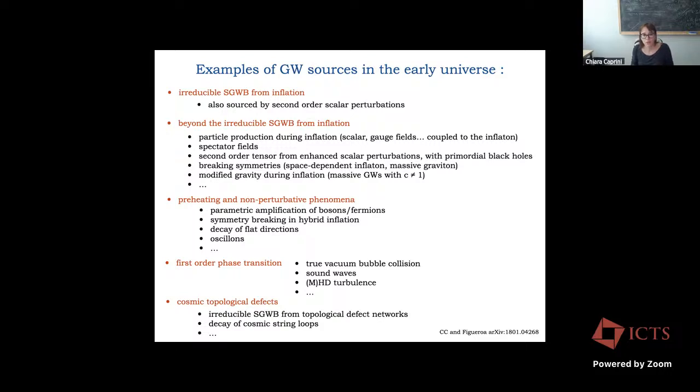I'm not sure whether it is complete. No, I would say I'm sure it is not complete, of all the gravitational wave production mechanisms that have been put forward in the early universe, but I hope it gives a fair idea of what we can invoke, let's say, to have at least observable gravitational wave signals from the early universe.